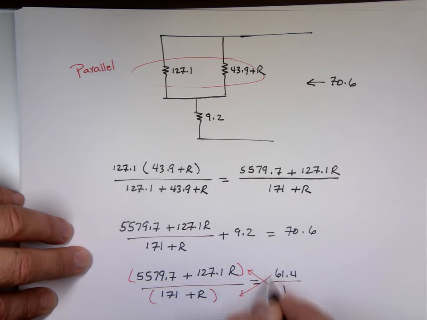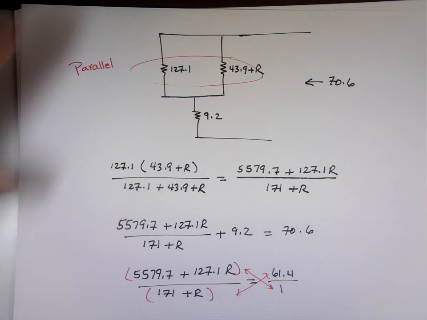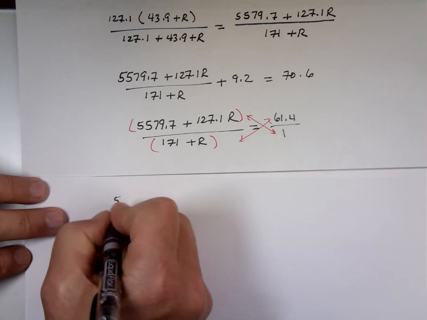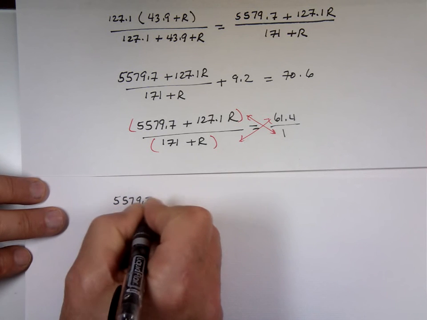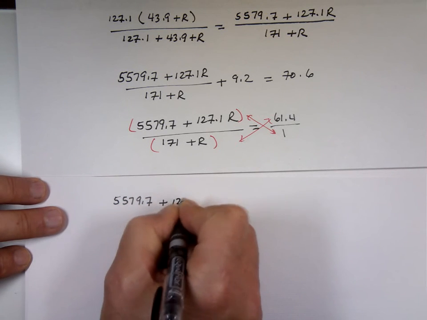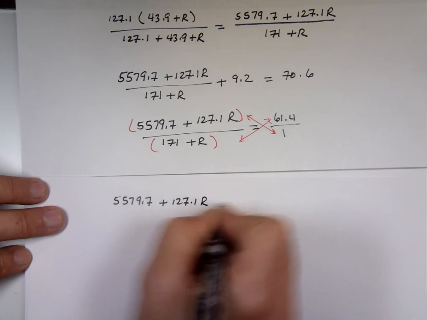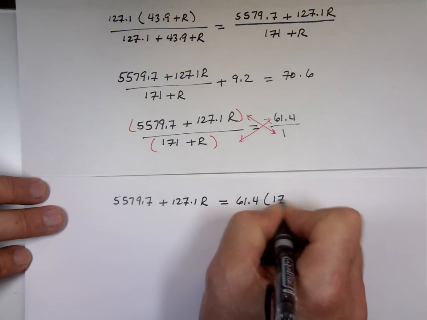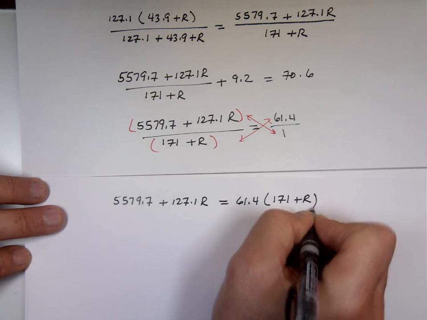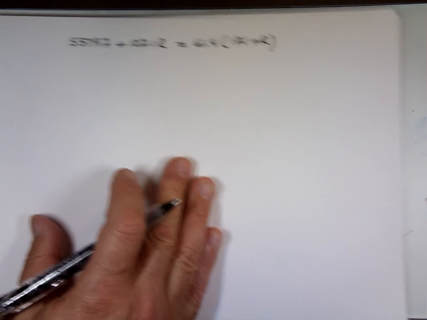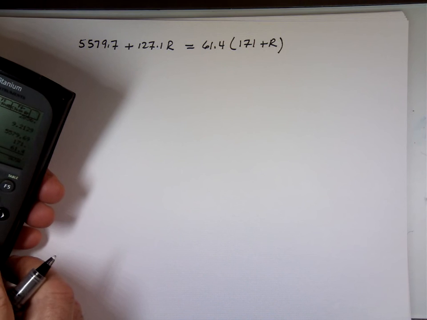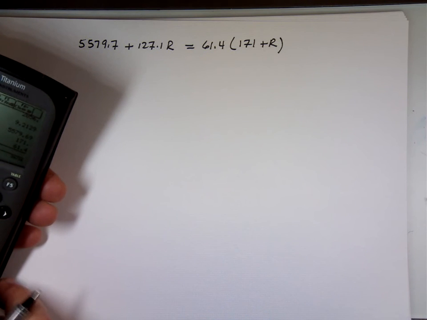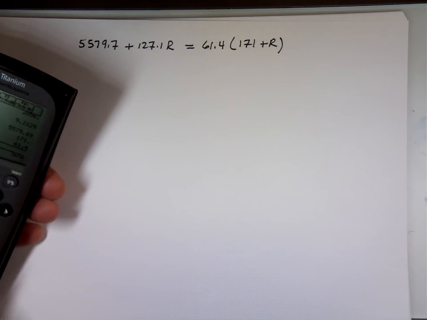That's the easiest way. 1 times the top is the top. 5579.7 plus 127.1R should equal 61.4 times 171 plus R. 61.4 times 171 on the right side.